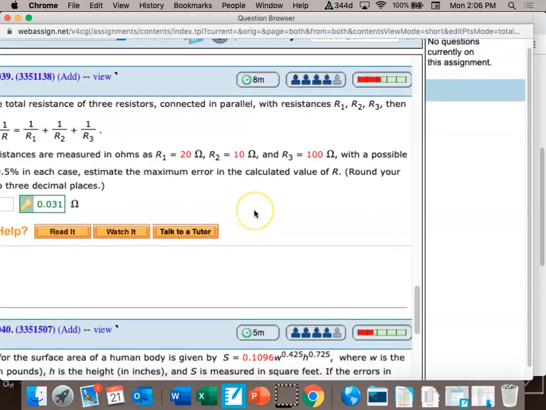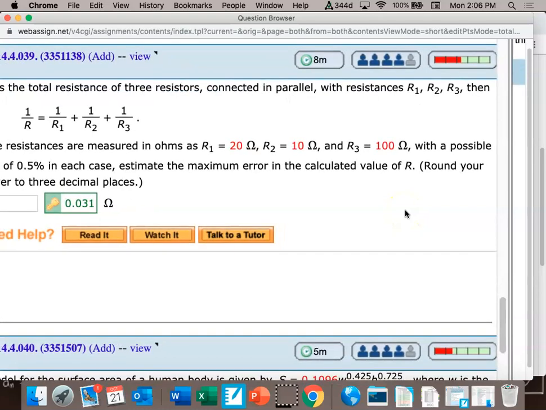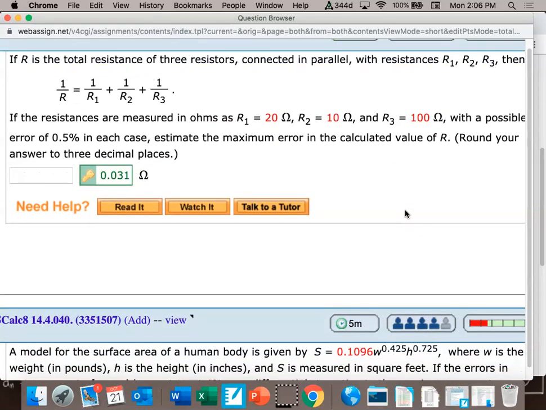Okay. Talk about resistance. If R is the total resistance of 3 resistors connected in parallel with resistances R1, R2, R3, then 1 over R equals 1 over R sub 1 plus 1 over R sub 2 plus 1 over R sub 3.